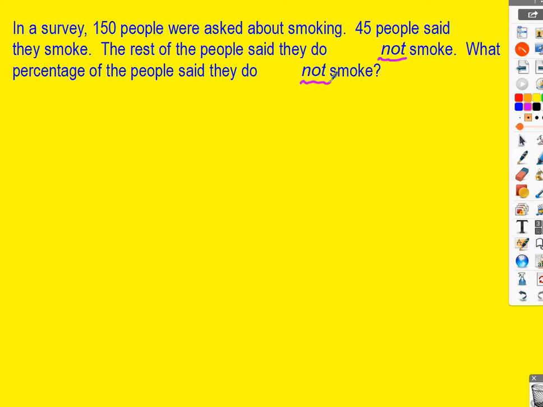So there was 150 people in total in the survey, and 45 of those said they smoke. So if we subtract those values, we'll find the number of people who said they don't smoke. So 150 take away the 45 leaves you with 105. So 105 people said they do not smoke.